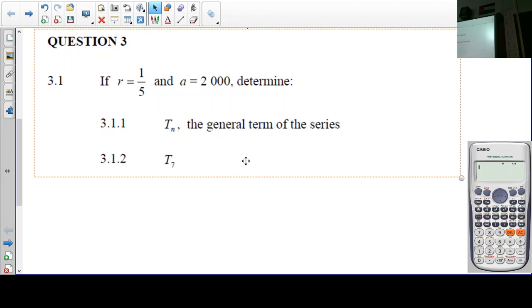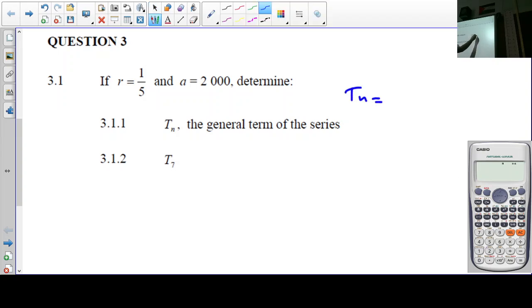A is 2000. Determine the nth term, the general term of the series. Of course, it's geometric, so Tn is equal to AR to the n minus 1. So Tn is equal to 2000 into R, which is one fifth, raised to the power n minus 1. So that's the general term.